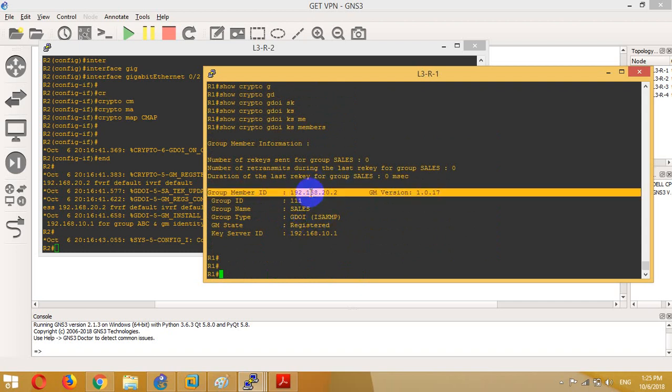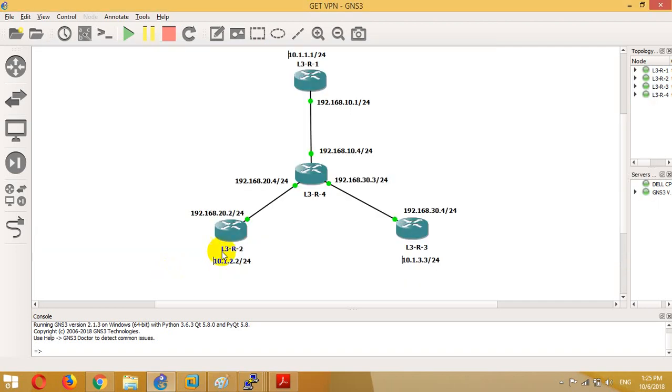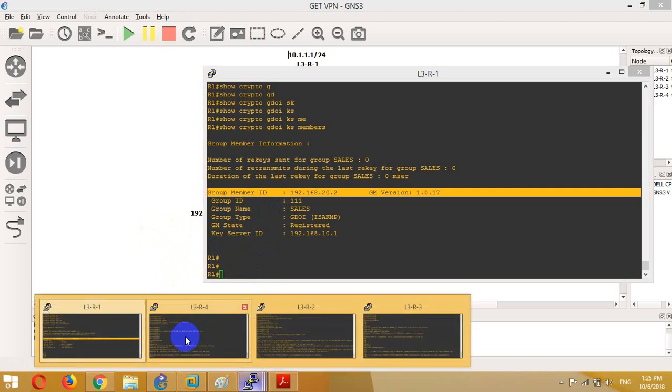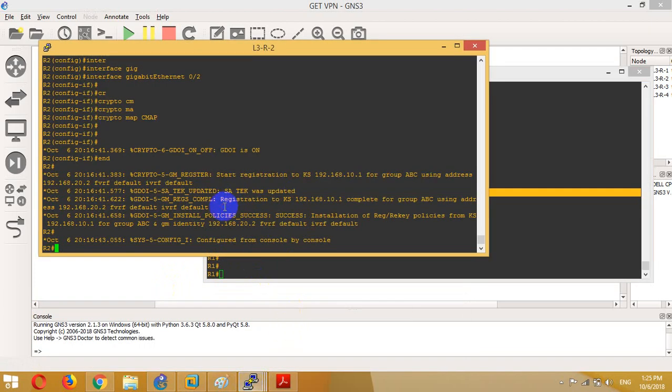You will find 192.168.20.2, this group member router, registered itself here. We didn't configure it, as you see on router 2.